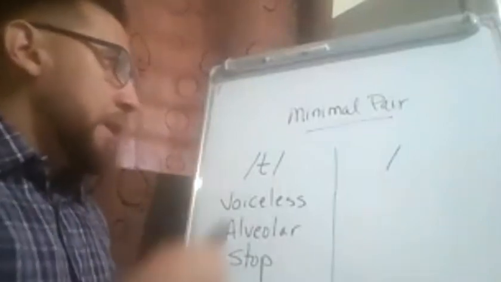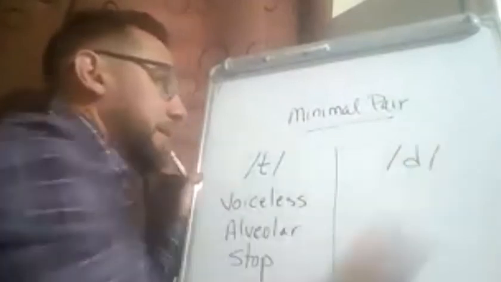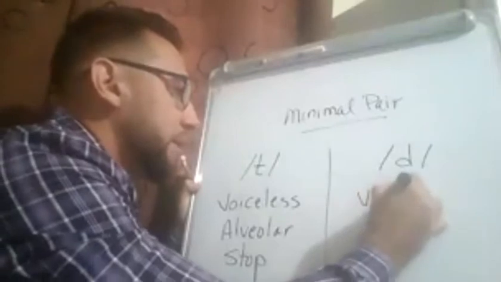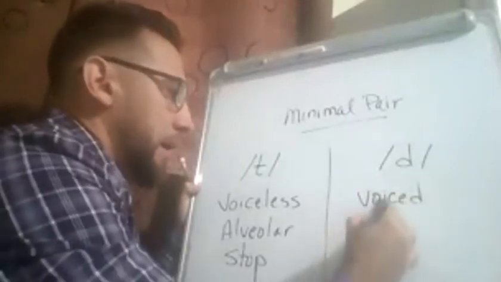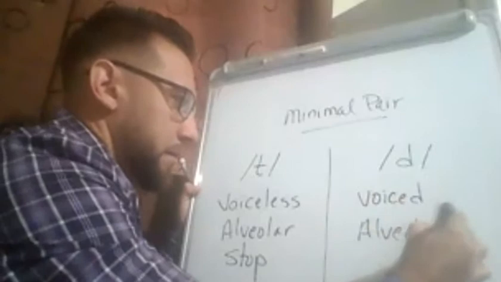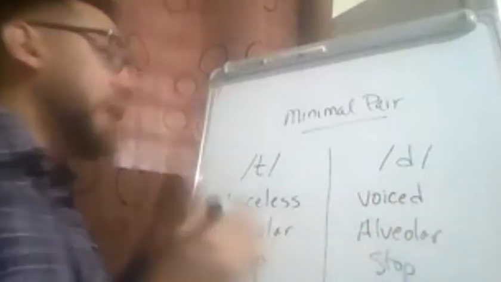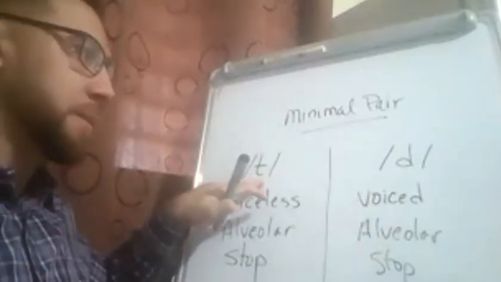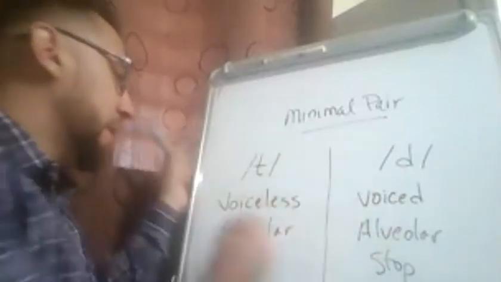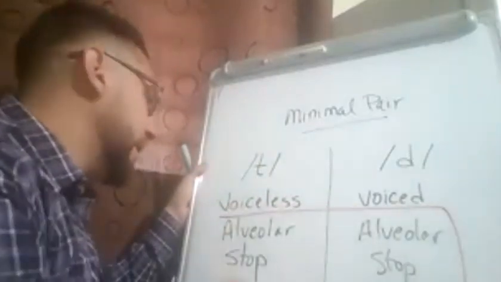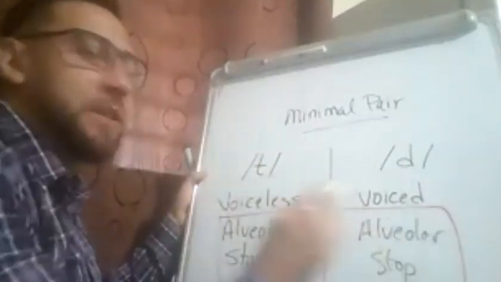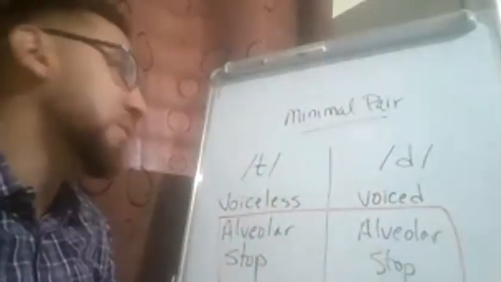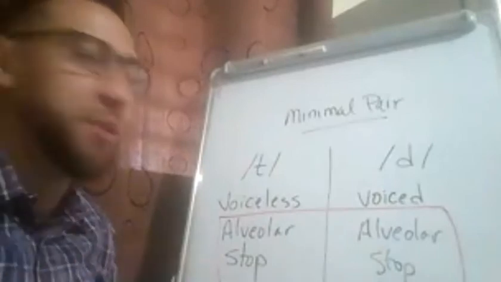So if I write D, now I have a voiced alveolar stop. So D is a minimal pair of T, because they have two characteristics in common, but only one difference, and that's basically the definition of minimal pairs, right? Two sounds that are exactly the same except for one feature.